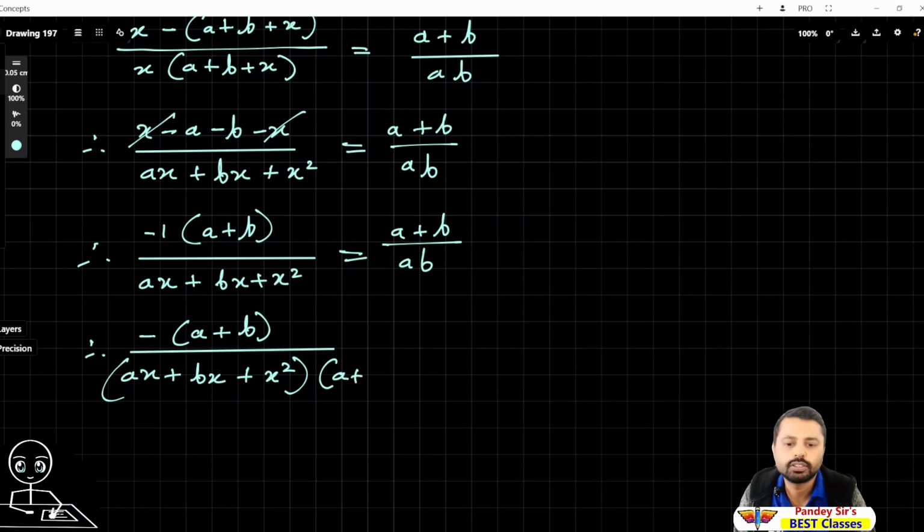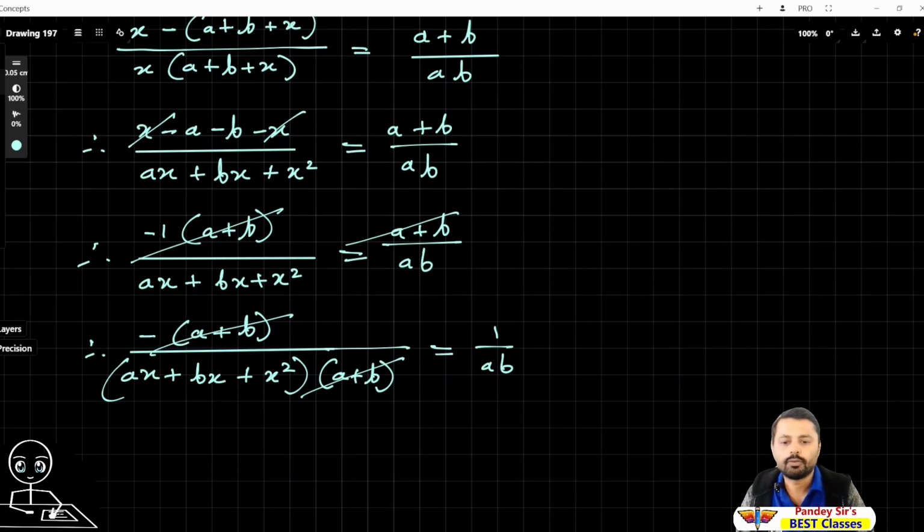So a plus b will come in the denominator and cancel. So here directly you cancel, or here you cancel, your choice totally, equal to 1 by ab. Now this part I'll move to the other side, so that it will come in the numerator, and this ab I'll bring to this side again for the numerator.